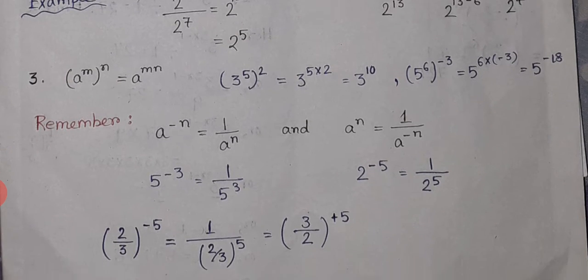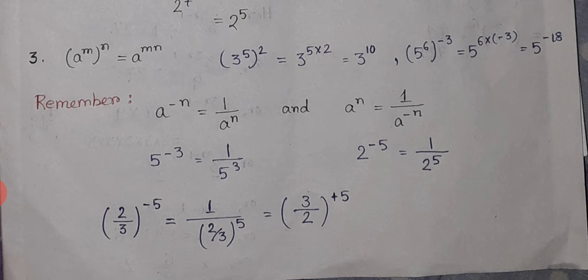Now you have to remember a few things. The first is a to the power minus n is equal to 1 by a to the power n. For example, 5 to the power minus 3 is equal to 1 by 5 to the power 3. And a to the power n is equal to 1 by a to the power minus n.